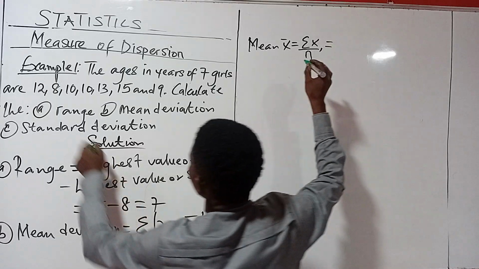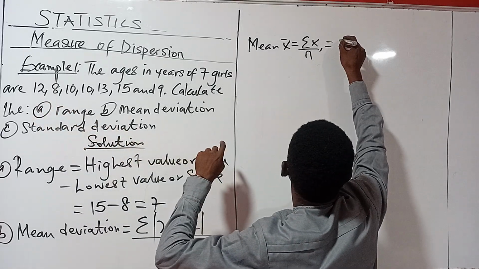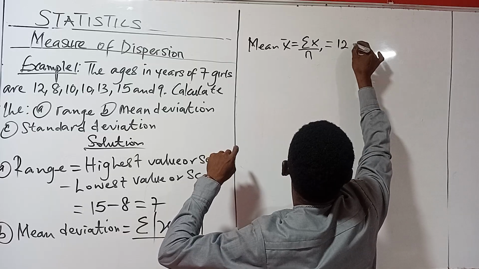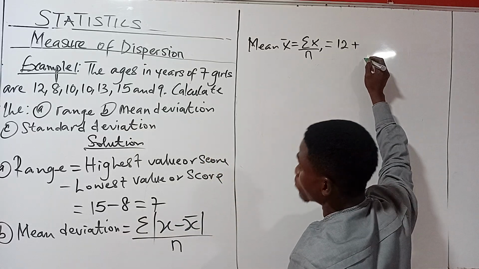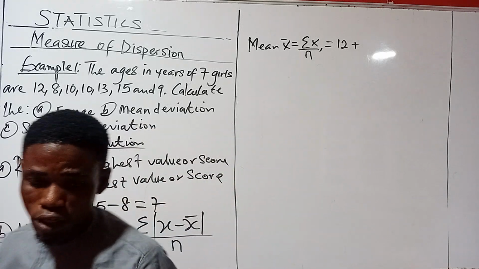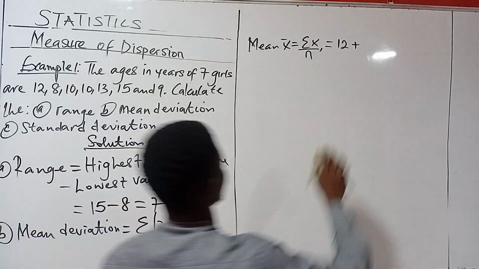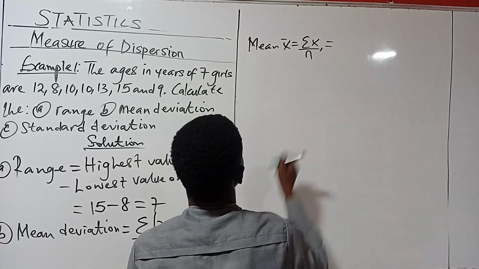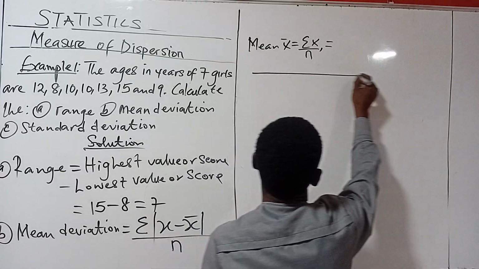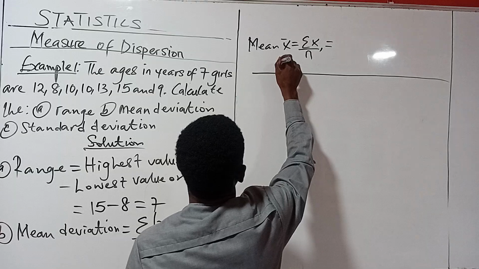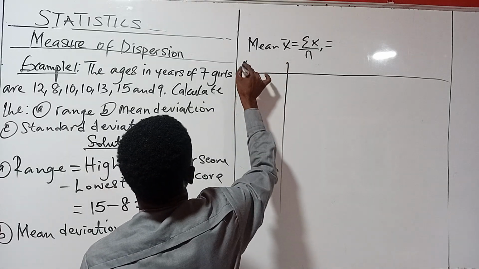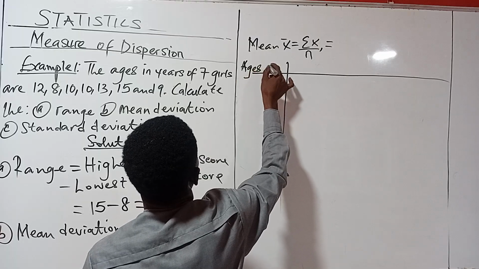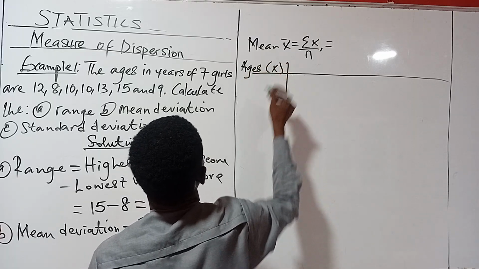Now let's put them in a table. Let's say the ages are x.